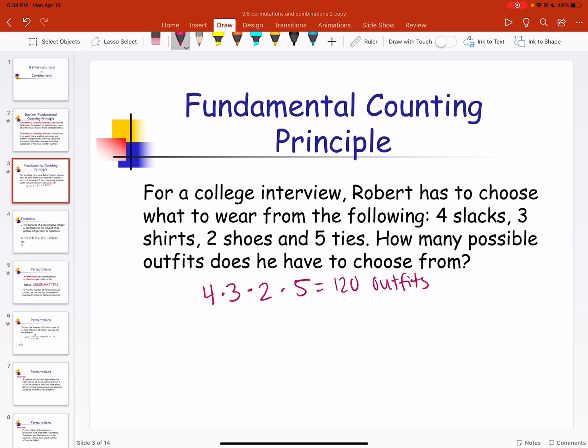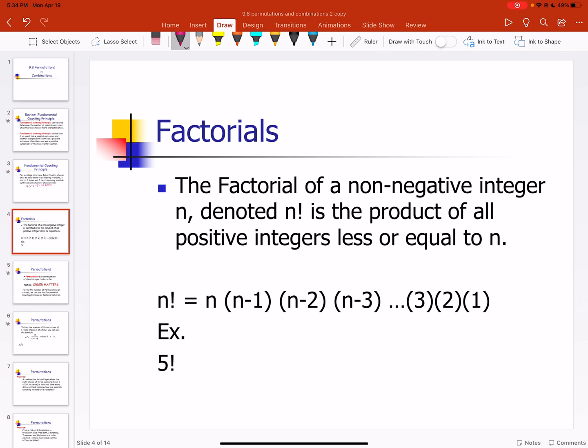This leads us into something called factorials. A factorial of a non-negative integer n is denoted by n and an exclamation point. If you see this, which will come up on the SAT, it's the product of all positive integers less than or equal to n. So we take n, which in this case is 5, and then multiply by n minus 1, which is 4, multiply by n minus 2, which is 3, and you keep going all the way until you have 1 left over.